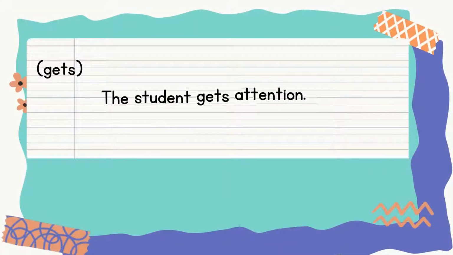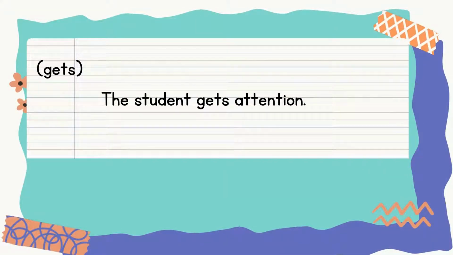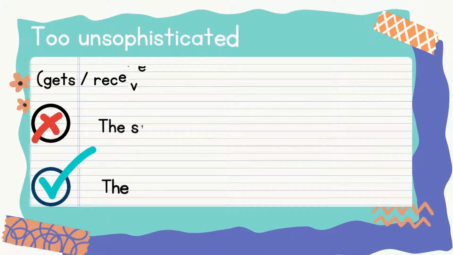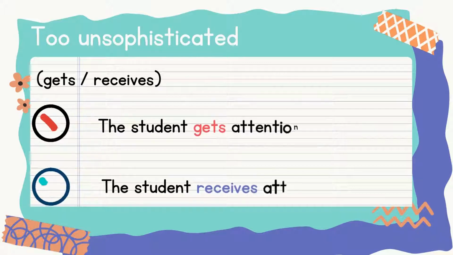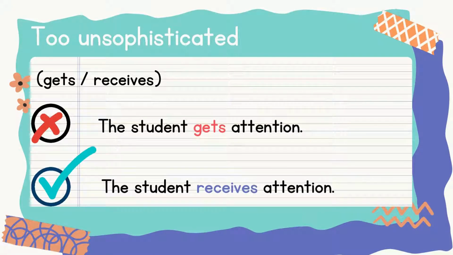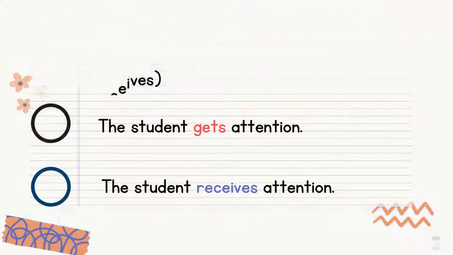Here's another example. The student gets attention. In this sentence, the word gets is too unsophisticated, making the sentence lack complexity. Therefore, it should be: the student receives attention, to make it more appropriate.